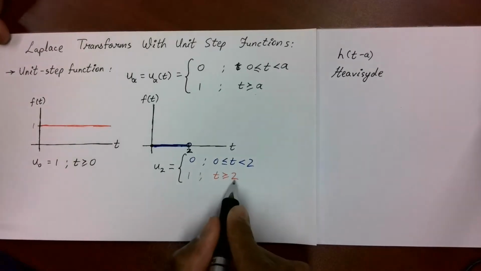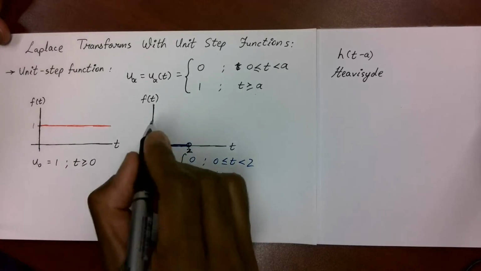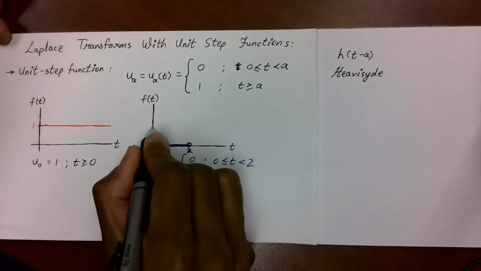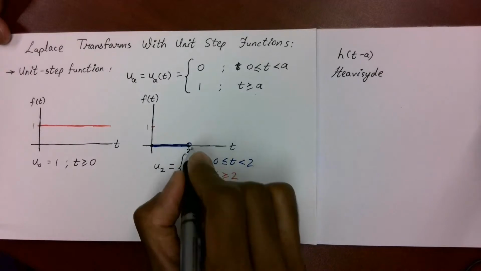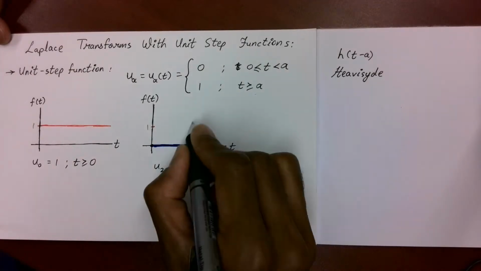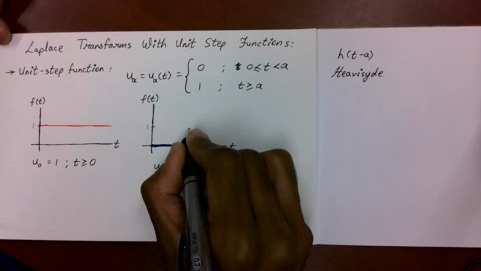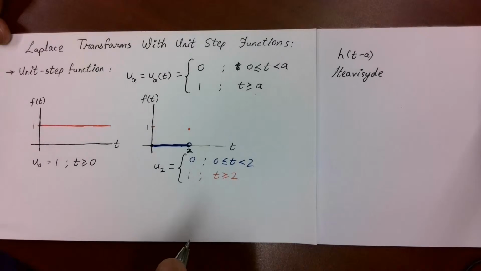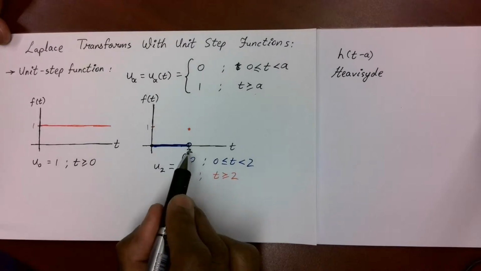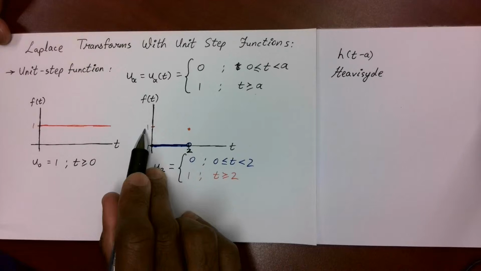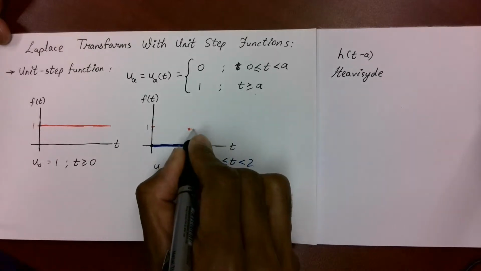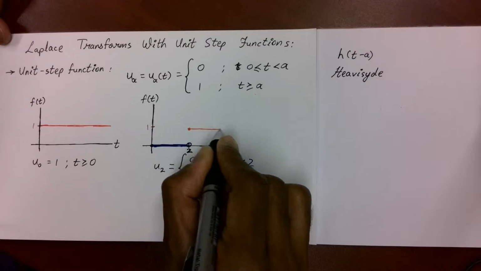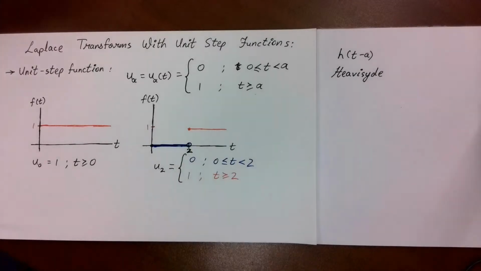However, 2 is included in the domain of 1, which is our red function. So at t equals 2, I will have a solid dot at the point (2, 1). Then this function will continue all the way to infinity. As you can see, it's a step function.